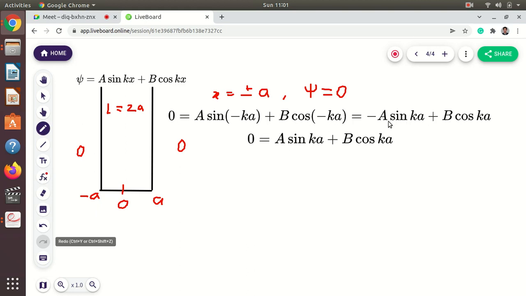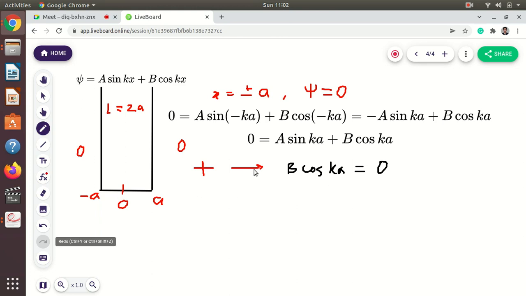This negative part and this positive part will get cancelled, and these two parts will get added. So 2b cos ka is equal to 0. We can divide by 2. So if I add these two equations, I will get b cos ka is equal to 0, right? This is one condition we can get.